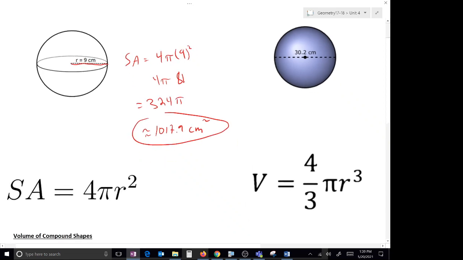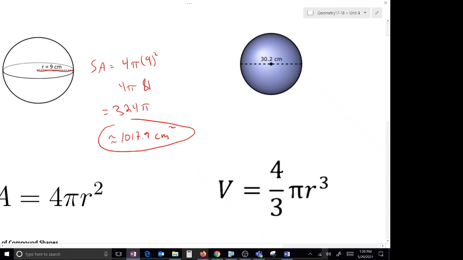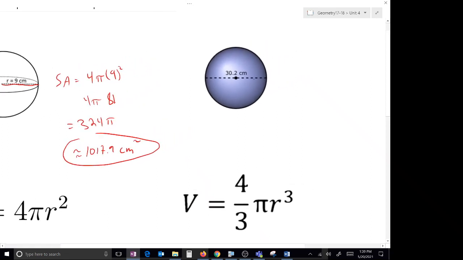For volume, our formula is 4/3 pi r cubed. And for this particular sphere, they gave us a diameter. So in order to find the radius, we would have to cut that in half. So the radius would actually be 15.1 centimeters.